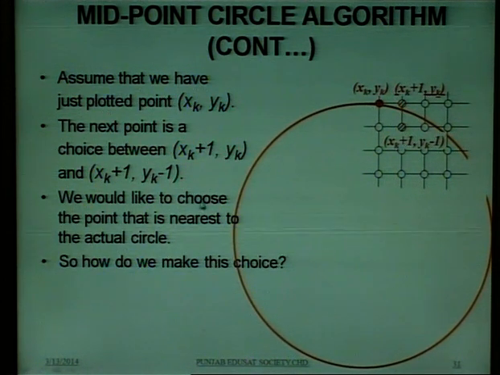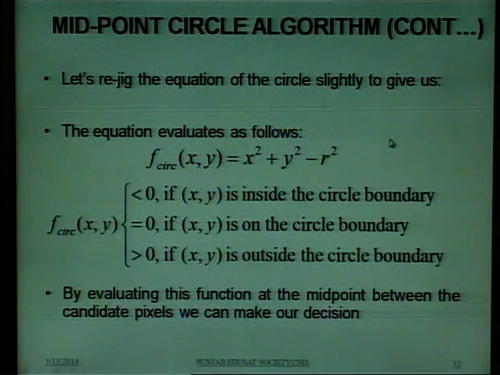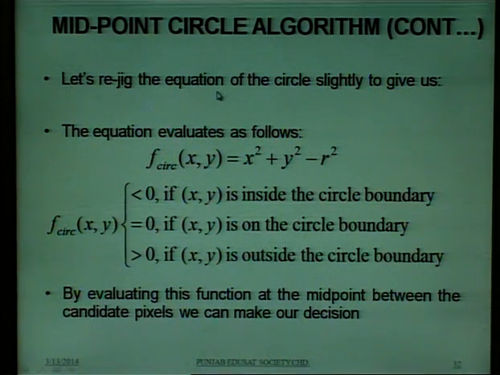So, we would like to choose the point that is nearest to the actual circle. So, how to make a choice? The midpoint technique is used to make a choice for the points which are lying closer to the circle. Let us take the equation of the circle, x square plus y square minus r square, that is f of x and y.